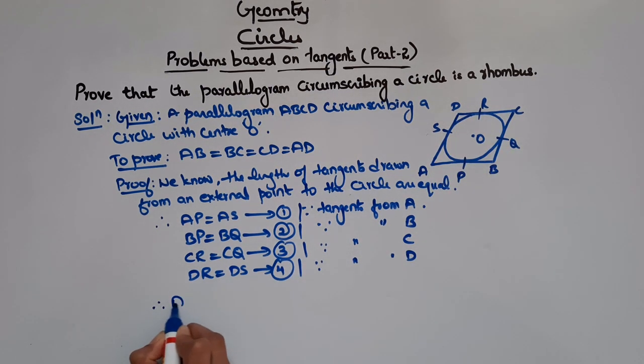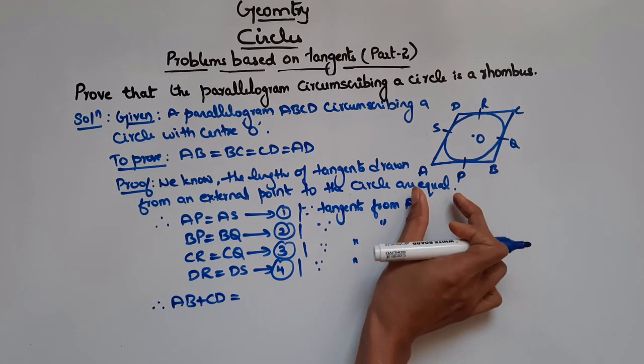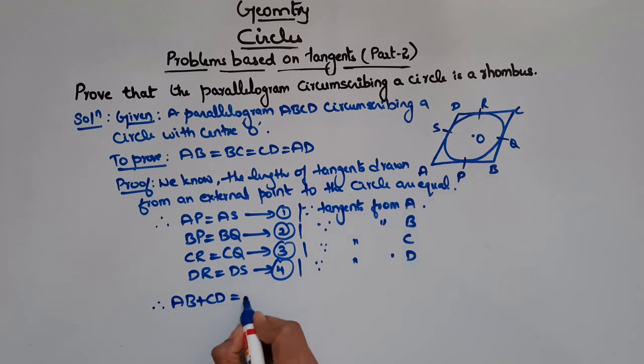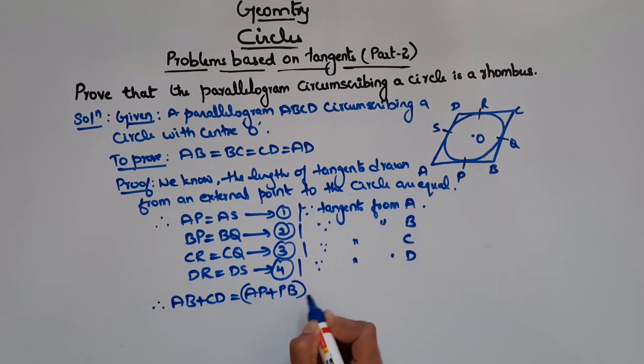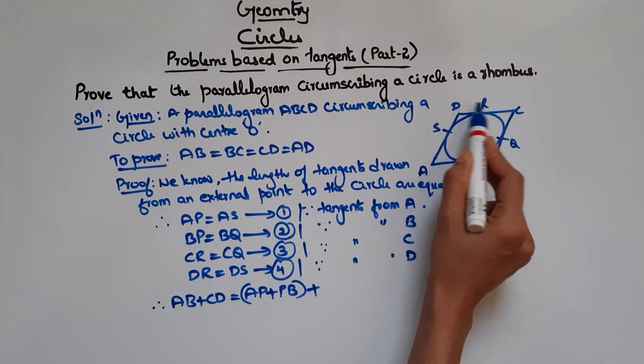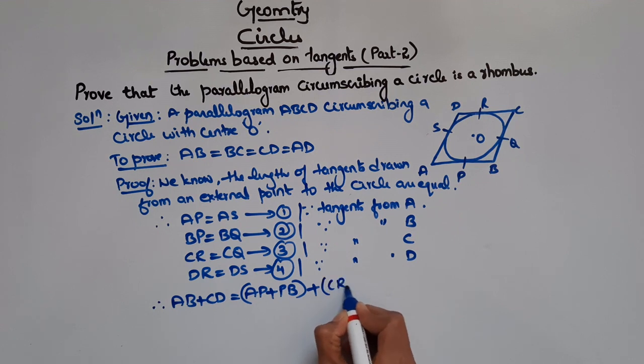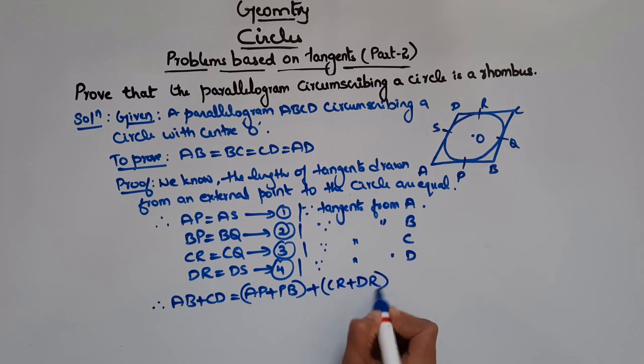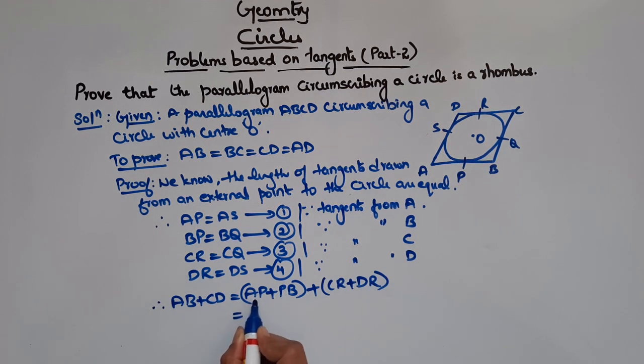So AB plus CD is equal to, what is AB? AB is AP plus PB, plus what is CD? CD you can write as CR plus DR, right? So we have CR plus DR is equal to, now what is AP?